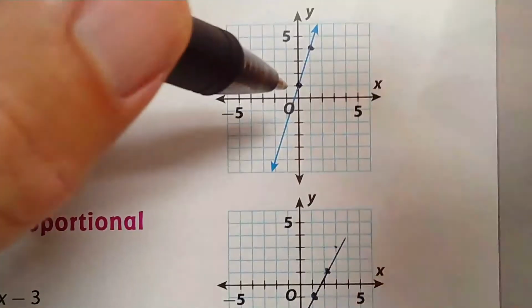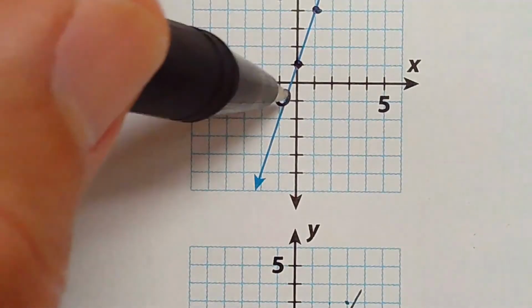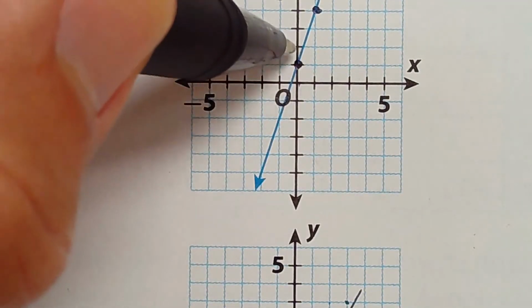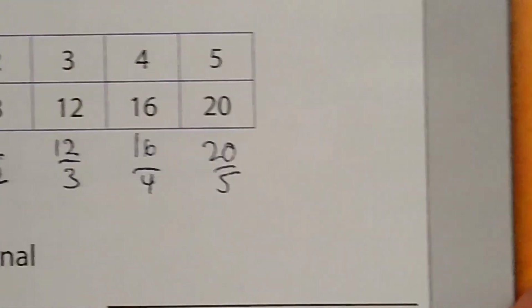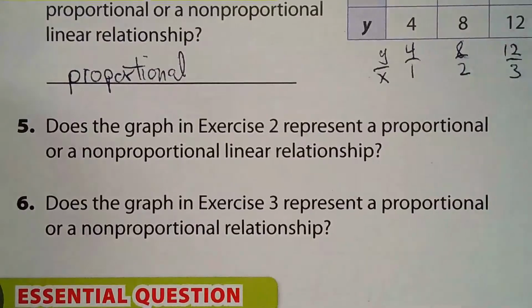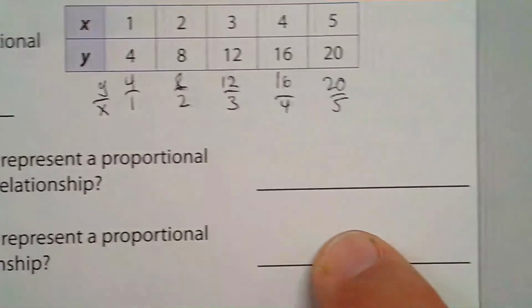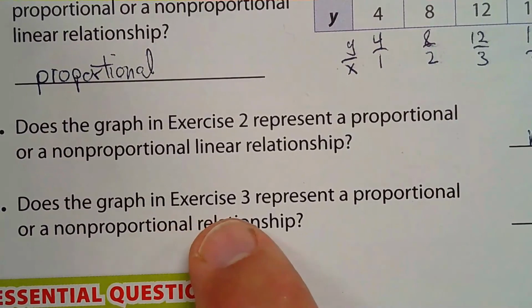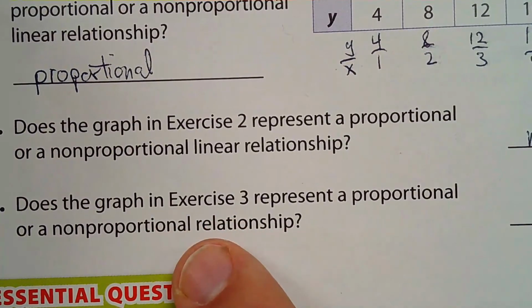It should have crossed right there. That would be proportional if it was a straight line through the origin, but it's not. So for number 5, it will be non-proportional.